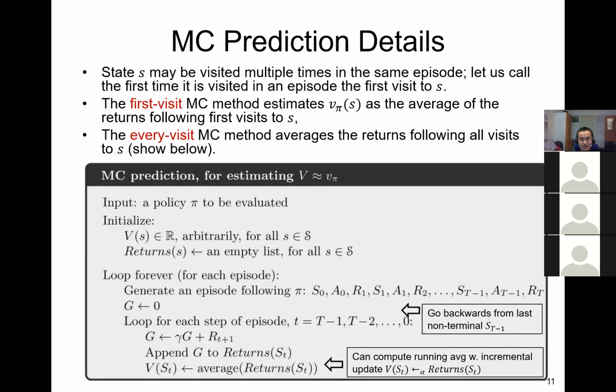So starting from S_{T-1}, you accumulate the rewards, adding a discount factor, and do an average over the past returns from state S_t. So the average could be done with a running average.